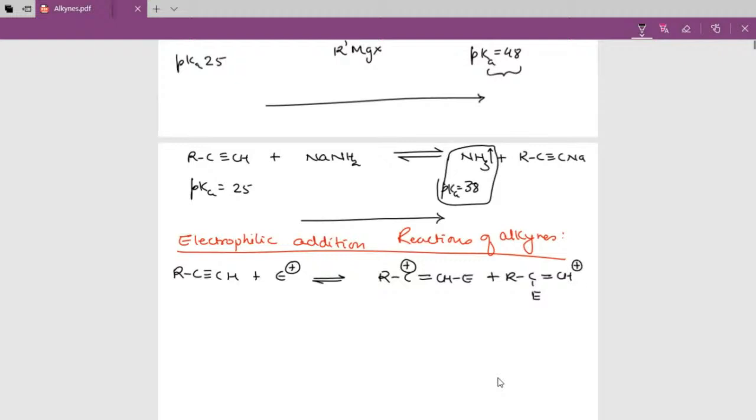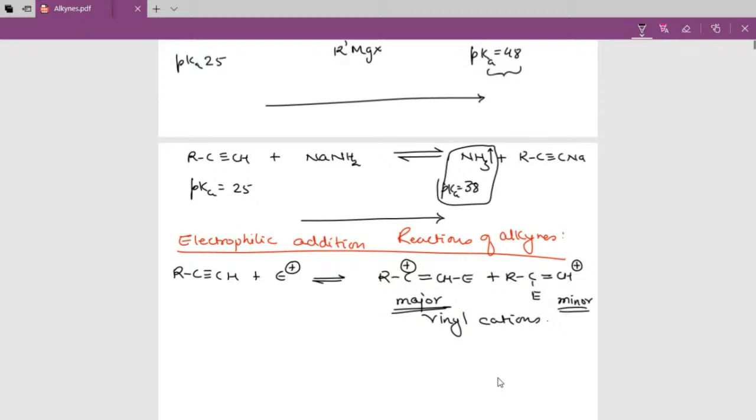But both are ultimately going to be vinyl cations only. This way or that way, they are both going to be vinyl cations only. Vinyl cations are unstable. Out of these two, yes, comparatively, I would say that this one is major, this is minor.